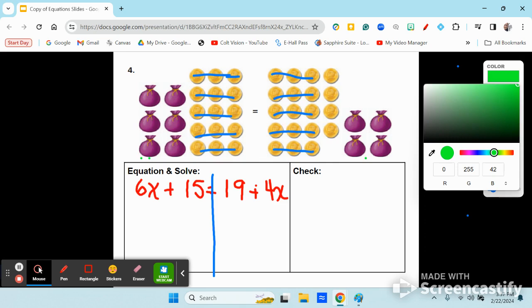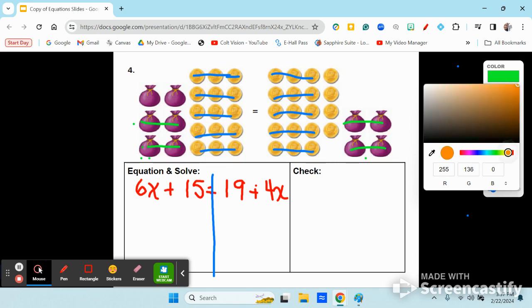Now I only have coins on one side, but I have extra bags on both sides. So let's try to get down to just coins on one side and bags on the other. To do that, I'm going to cross off these 4 bags over here and cross off these 4 bags over here. That leaves me with 2 bags on one side and 4 coins on the other.